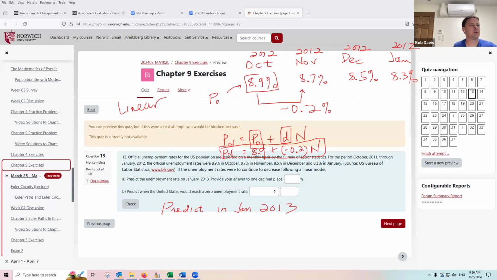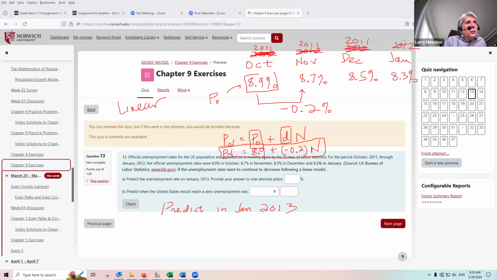I'm sorry, this one starts in October of 2011 and ends in January of 2012. So would I use the 2011 timeline because of P sub 0, or would you go off of the latest number? I'm sorry, you're right. This is 2011. My mistake here. I should have written this as 2011. No worries. No, thank you.